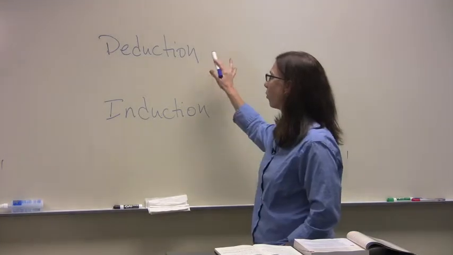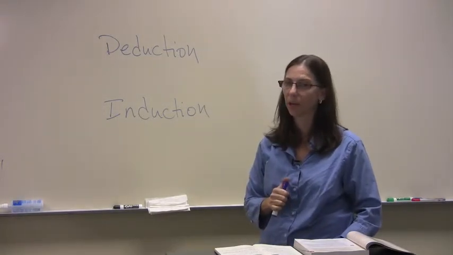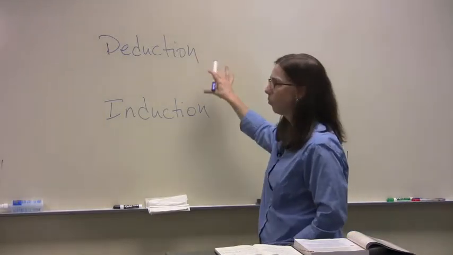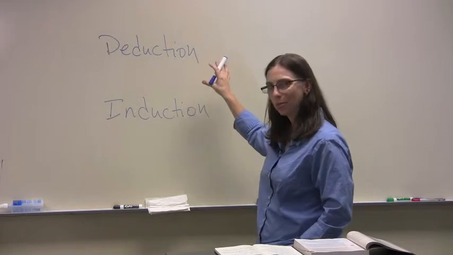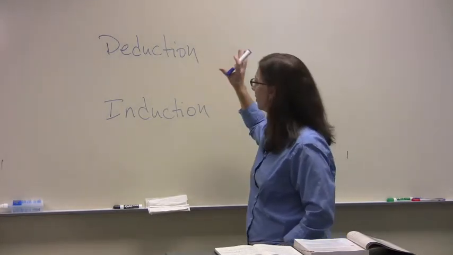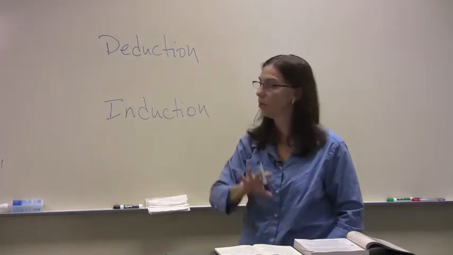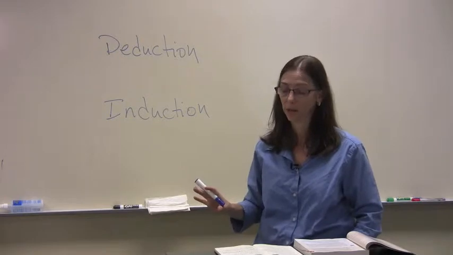Most of the formal logic we're going to do in the latter part of the class is going to be working with and analyzing deductive forms. So you need to get straight on this. In deduction, if the premises are true, the conclusion is true. It's impossible for it to be otherwise.